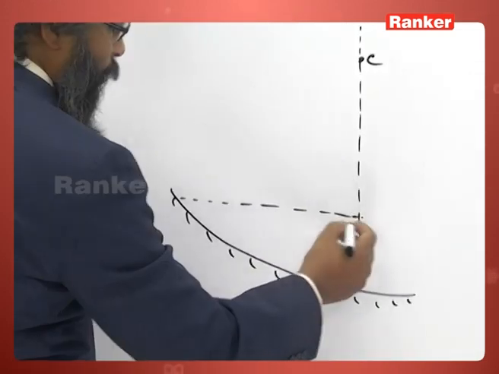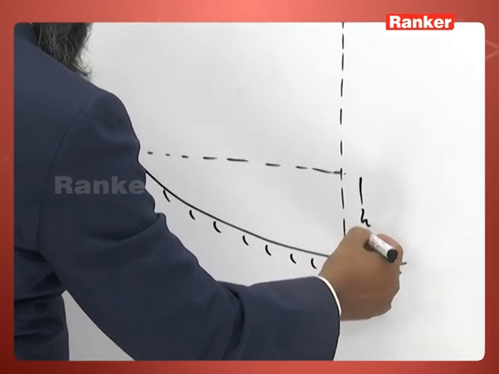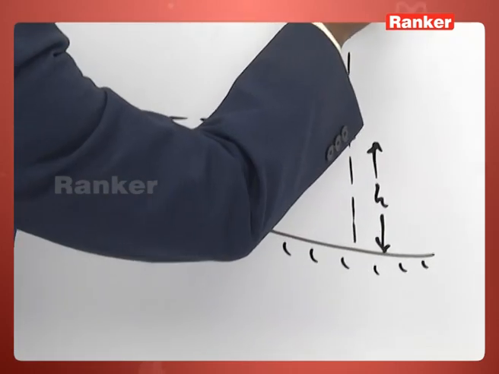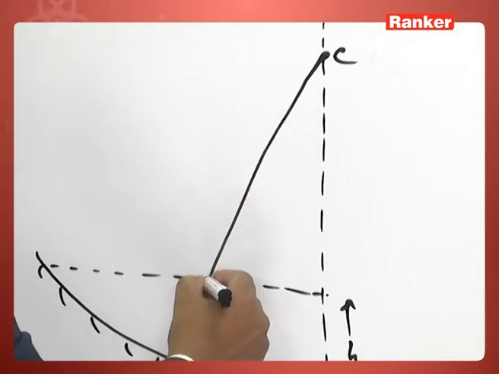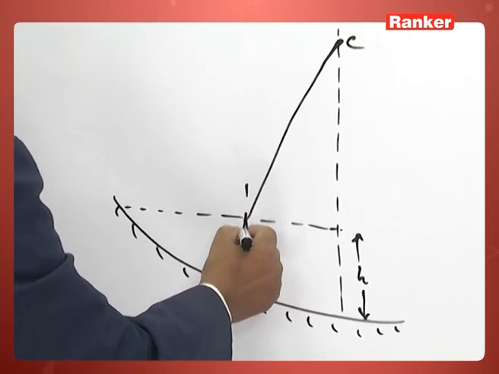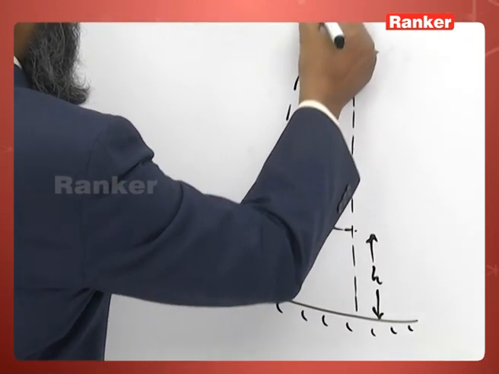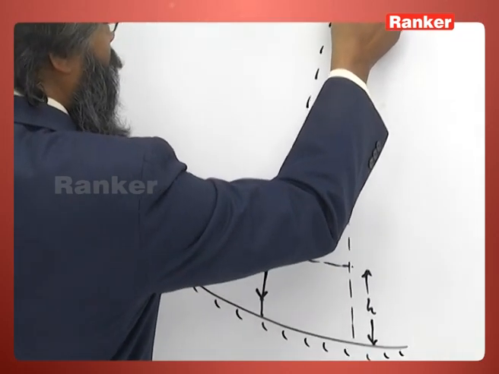Now suppose this height is h, up to which liquid is filled. This h is very small. Suppose this is a paraxial ray, then it bends and seems to be coming from this point.